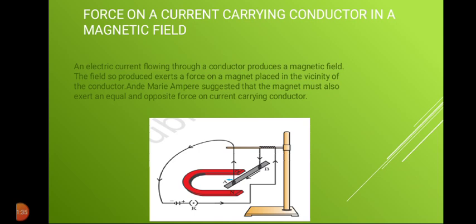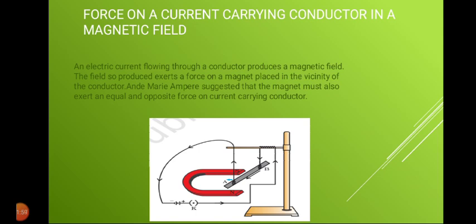A current carrying wire was able to deflect a magnetic needle. Since a magnetic needle can be deflected only by a magnetic field, he concluded a current carrying conductor always gives rise to a magnetic field around it. So this is called the magnetic effect of current.